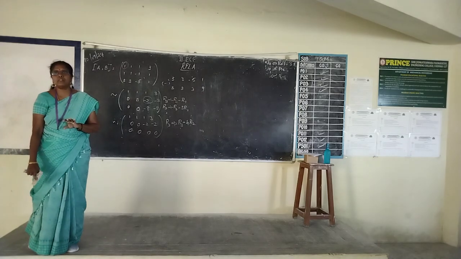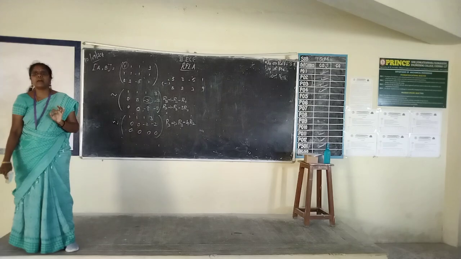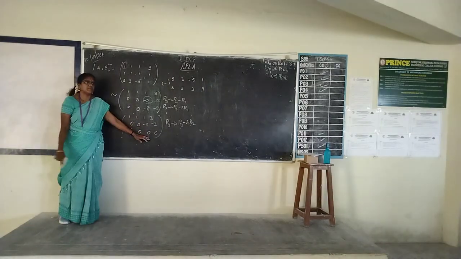What is the number of unknowns? 3. The rank is less than that, so there is going to be an infinite number of solutions. Be careful when you come to this step.